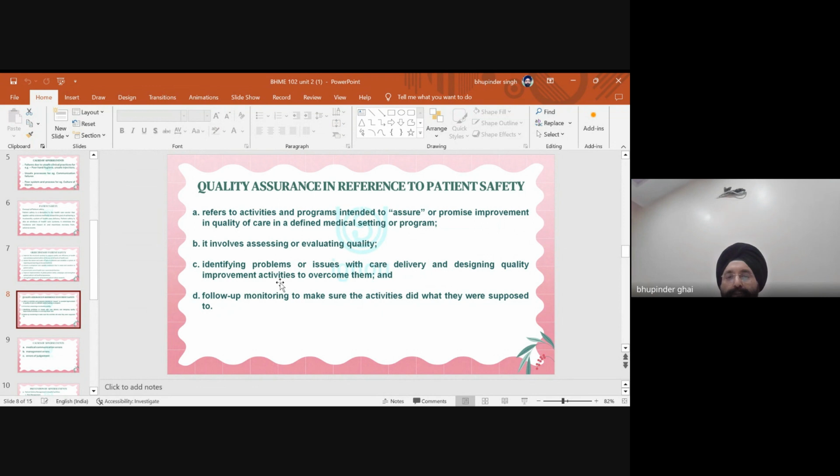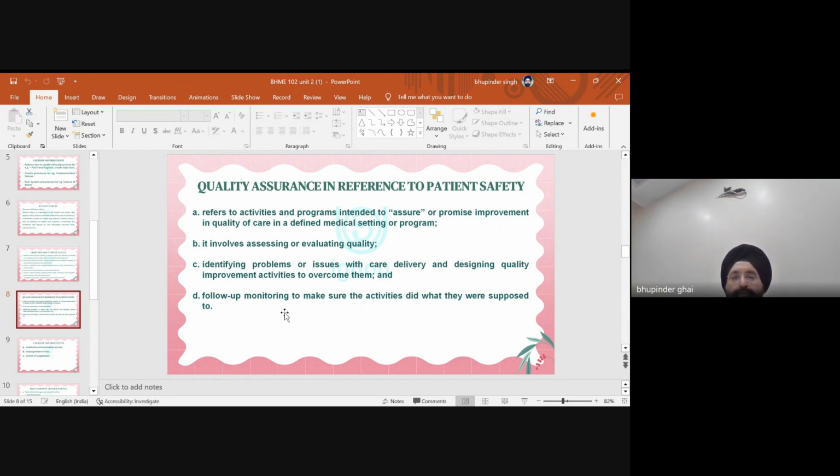Identifying problems or issues with care delivery and designing quality improvement activities to overcome them. That means with patient safety, you need to identify the issues which are there in the healthcare delivery system, and you need to take action to overcome those issues, which may be harmful to the patient.